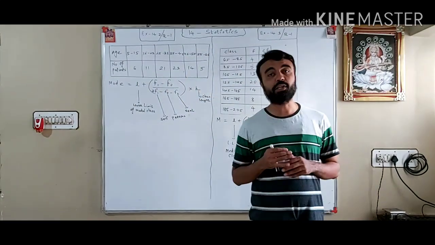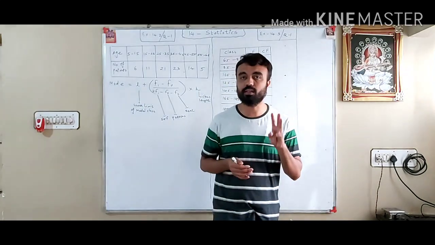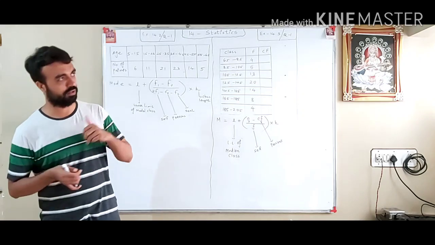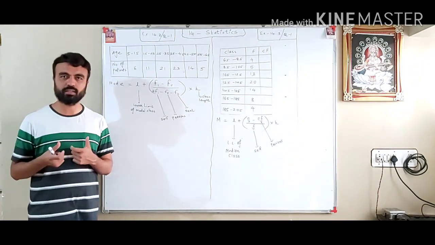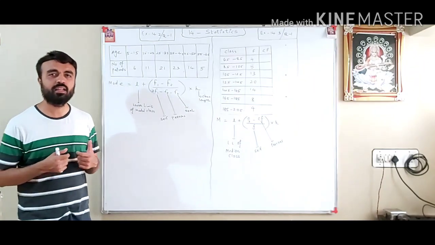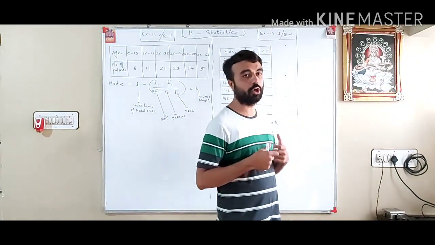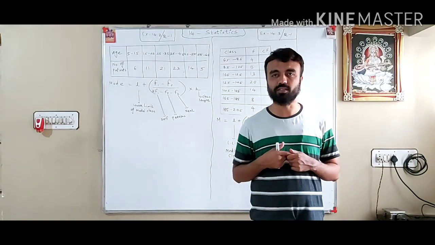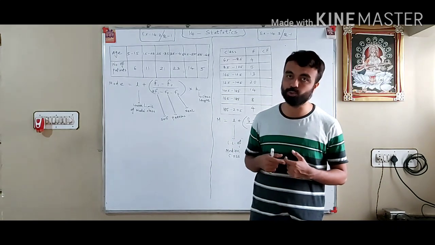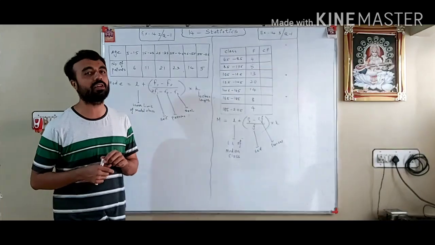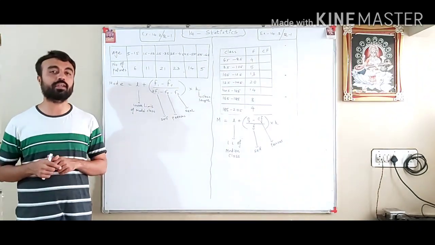In the second video lecture we discussed the third method, that is the step deviation method, for finding out the same topic mean, and followed by that we discussed some of the special examples which normally appear in the exam, because as I told you, until and unless you perform or write the special examples, the topic is not done.